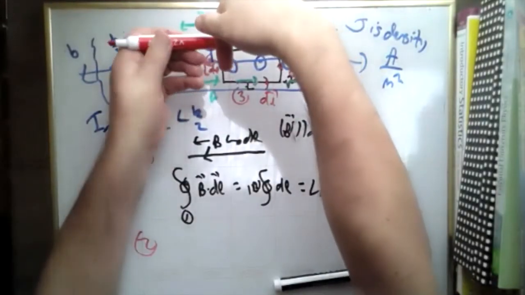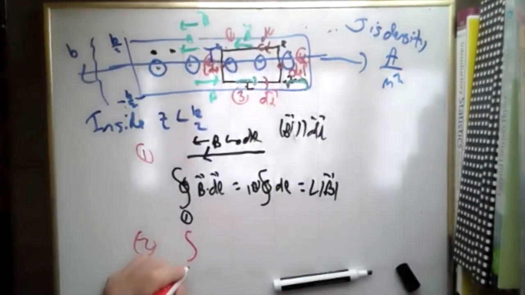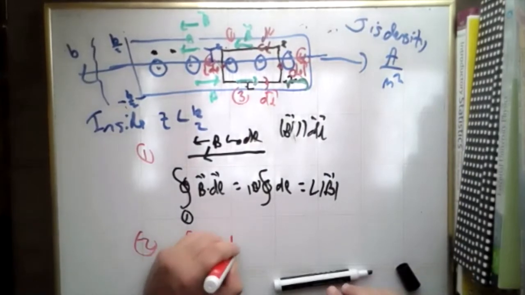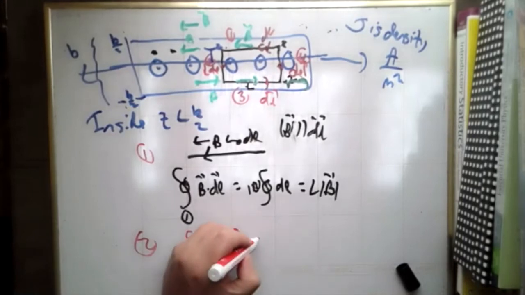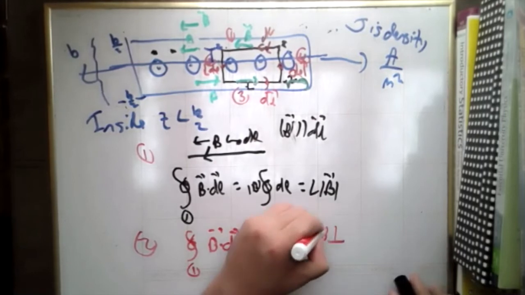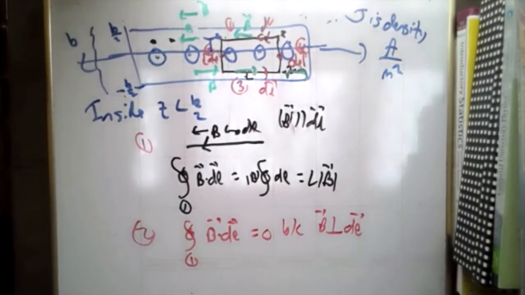B points to the left or B points to the right. DL was always down. So the line integral of B dot DL will be 0 because B is perpendicular to DL and the dot product of perpendicular vectors is 0.